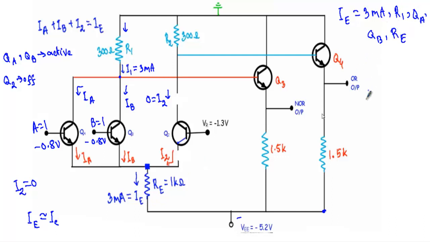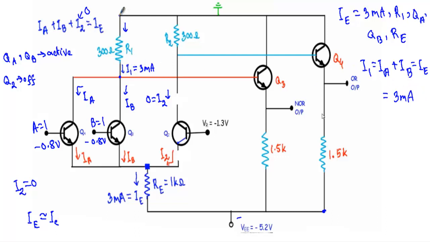So here you will see our I1, which is the sum of IA and IB, will be equal to IE, because as the transistor Q2 will be in off state, this I2 will be equal to 0. So IE will be equal to IA plus IB, which will be equal to 3 milliampere.